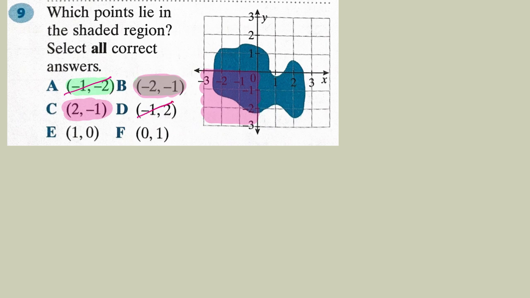Now I go to E, and I have 1 and 0. 1 means I'm going to the right by 1, and 0 means I'm not moving it up or down. So I am right there. That is in a white area. It's not in the blue area. That does not belong. So I need to cross this one out as well. Now the very last one, 0, 1.